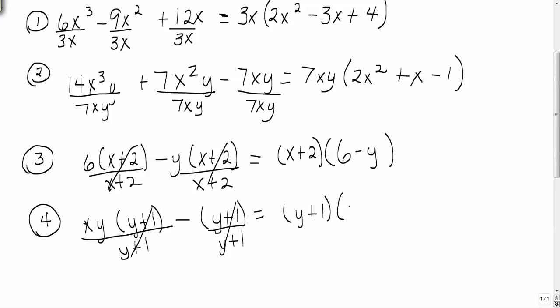So you would have xy, there's your first term, minus, and remember I said when everything cancels out it is 1, because if you divide something by itself, it's 1. Or you could think of this as, if you have something in parentheses here, there's always an understood 1 in front of that parentheses. So you can think of it that way too.